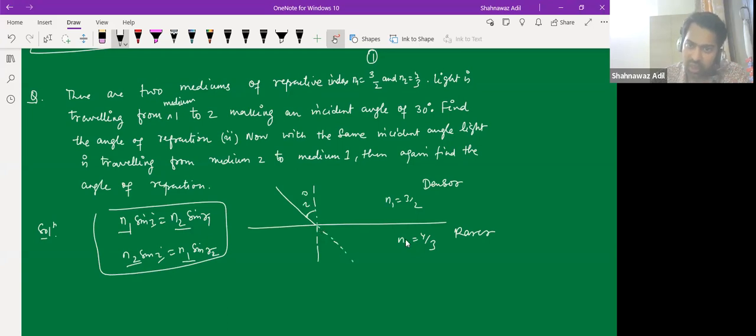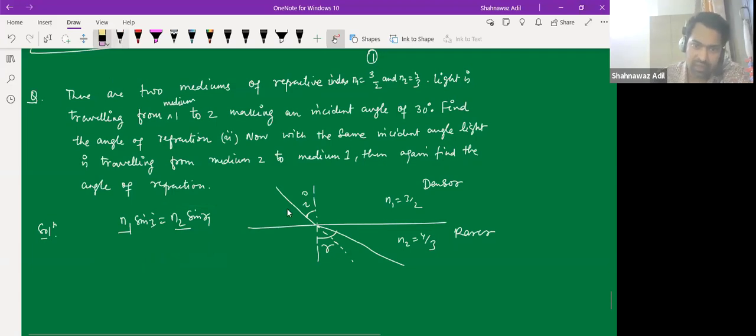We are going to the rarer medium, so this will be refracted away from the normal. So this is the angle of refraction, right? If we write Snell's law, we don't write it like this, because remembering in this way it is difficult. So we write it in this way.